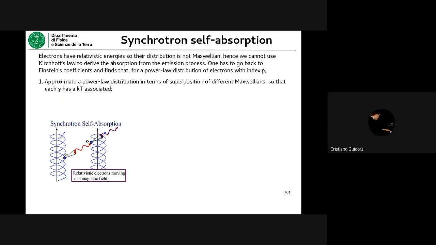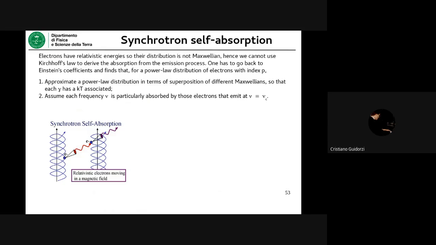So we can think of any single electron having a specific gamma to be associated with a single Maxwellian.